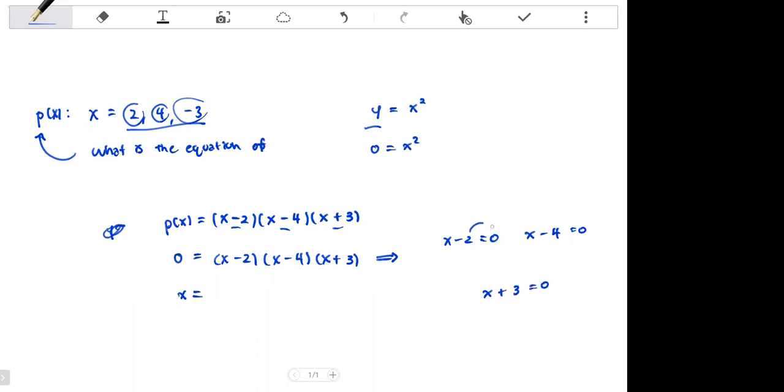And you move the 2 to the other side, so you get a solution of x equals 2, x equals 4 here, and x equals -3. So remember that when you have solutions and you want to put it back in the equation, you have to switch the sign. So it's x minus 2, like this. Does that make sense? Yes. Okay, let's move on then.